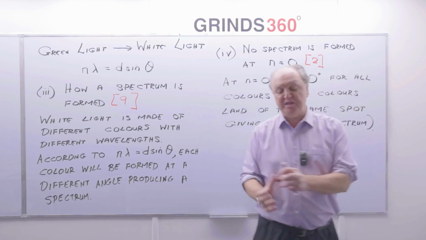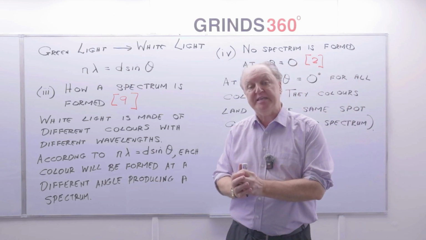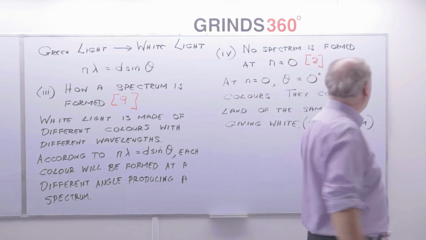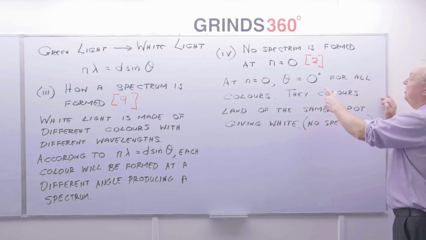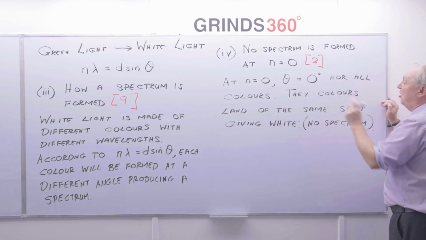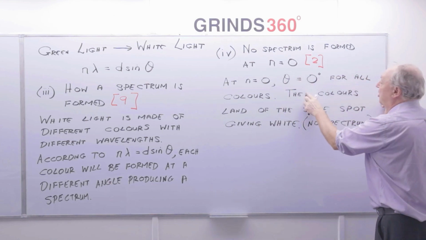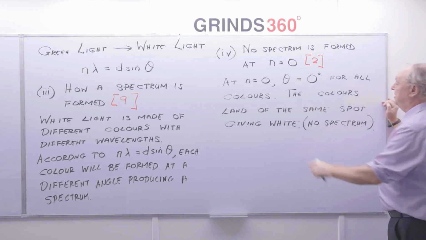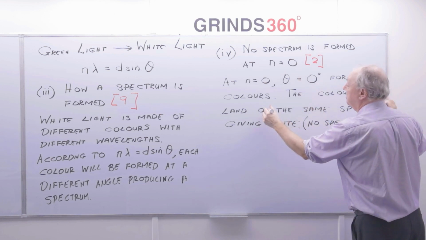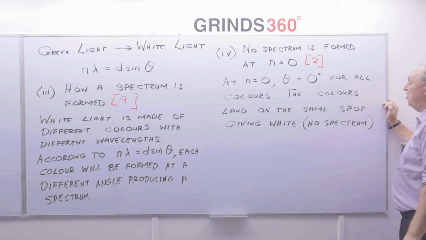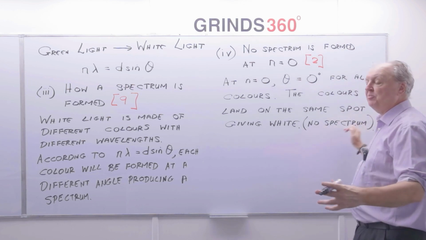When all the colors land in the same position, they mix together to give white. So, at n equal to 0, theta is equal to 0 degrees for all colors. The colors land on the same spot, giving white. In other words, no spectrum is formed.